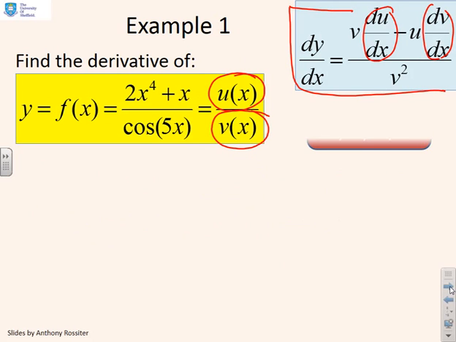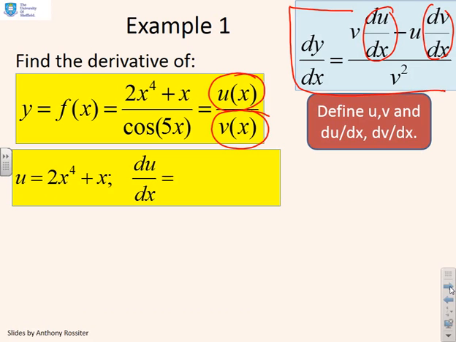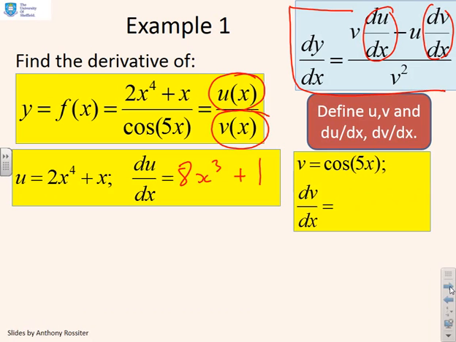So u of x is 2x to the 4 plus x, and du dx is therefore 8x cubed plus 1. V is cos 5x, so dv dx is minus 5 sine 5x. Those 2 derivatives come straight from the table.